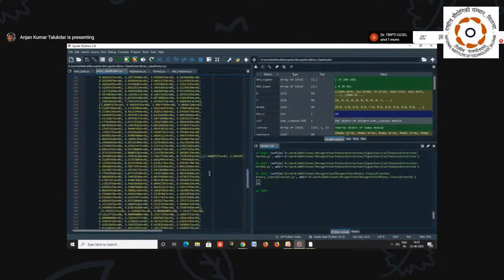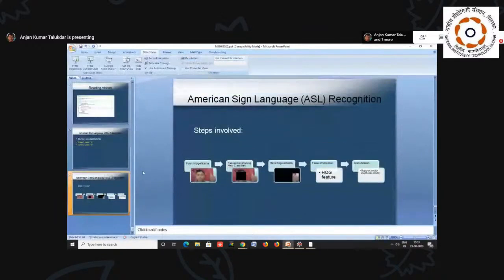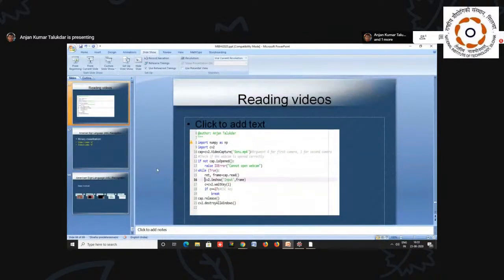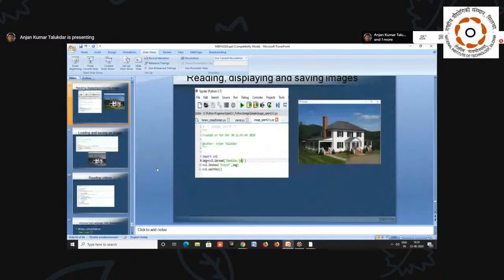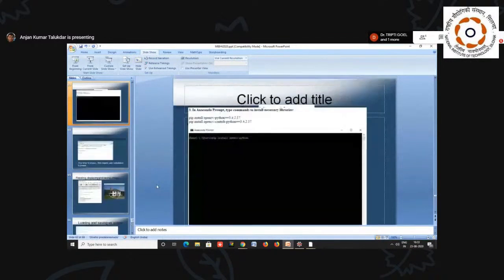This is just to give you a brief idea so that you can start with this library. Then you can learn many things step by step. So this is about my today's class.